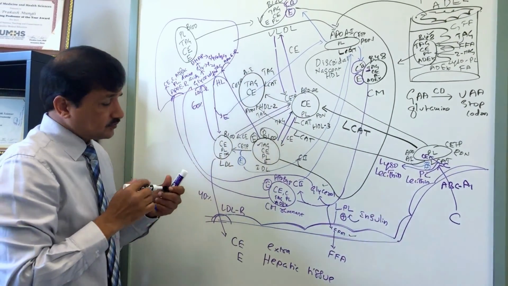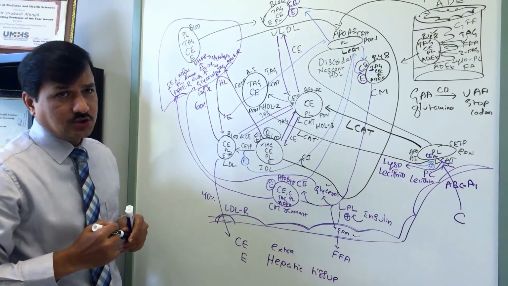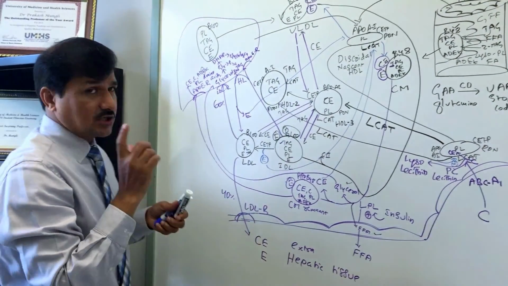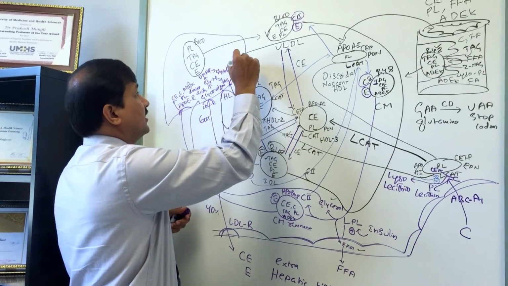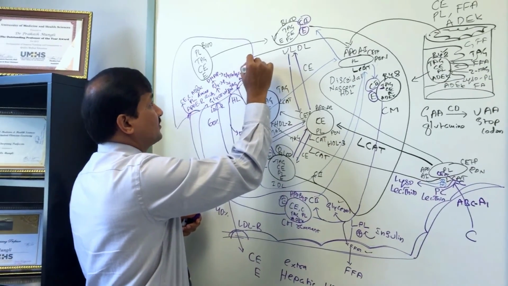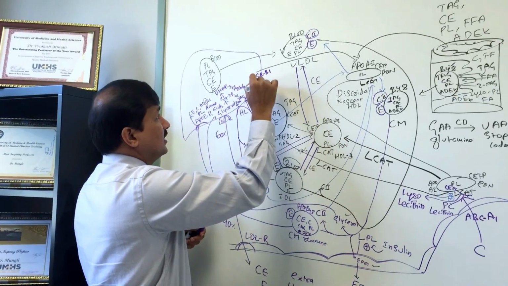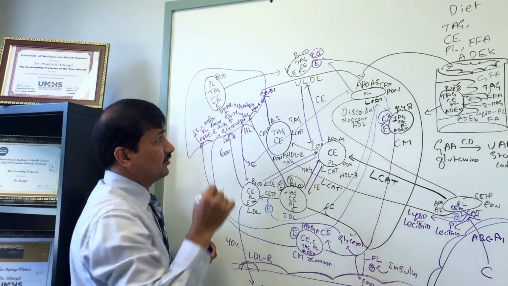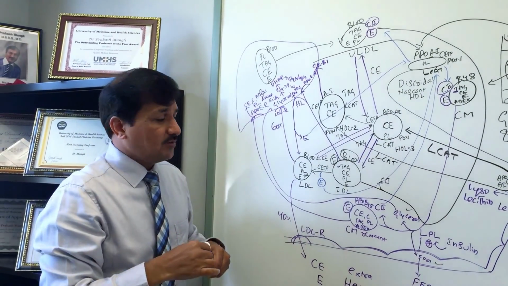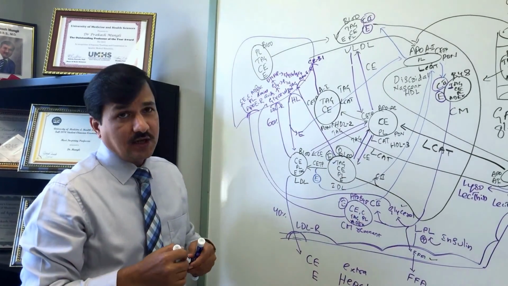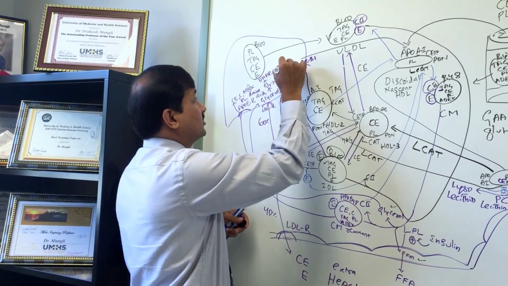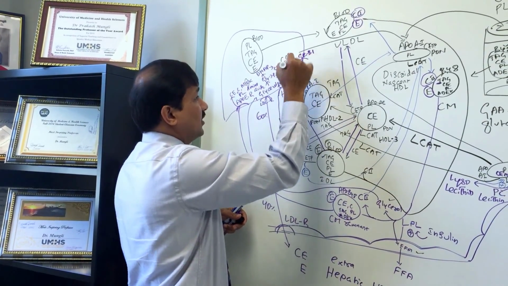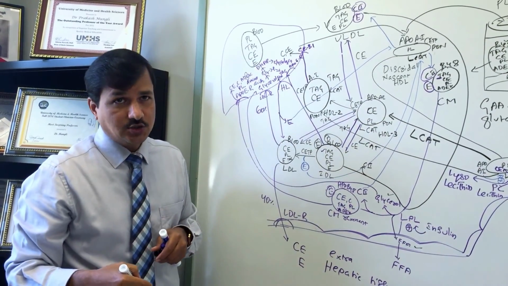Now, what will happen to this HDL2? HDL2 has two fates. One is that HDL2 can go to the liver and interact with the SRB1 receptor. What does this SRB1 receptor do? The SRB1 receptor, present over the hepatocyte membrane, is going to take away cholesterol and cholesterol ester from the HDL2 molecule.